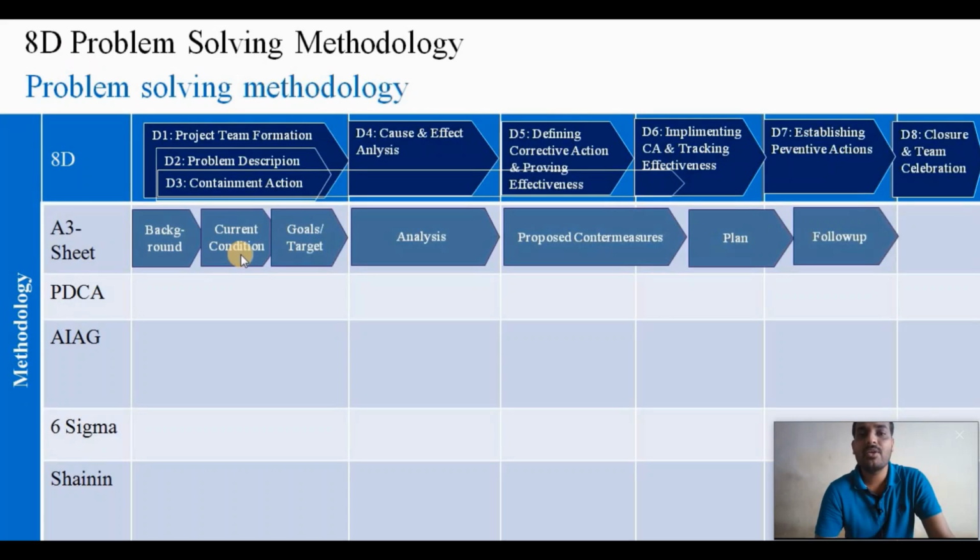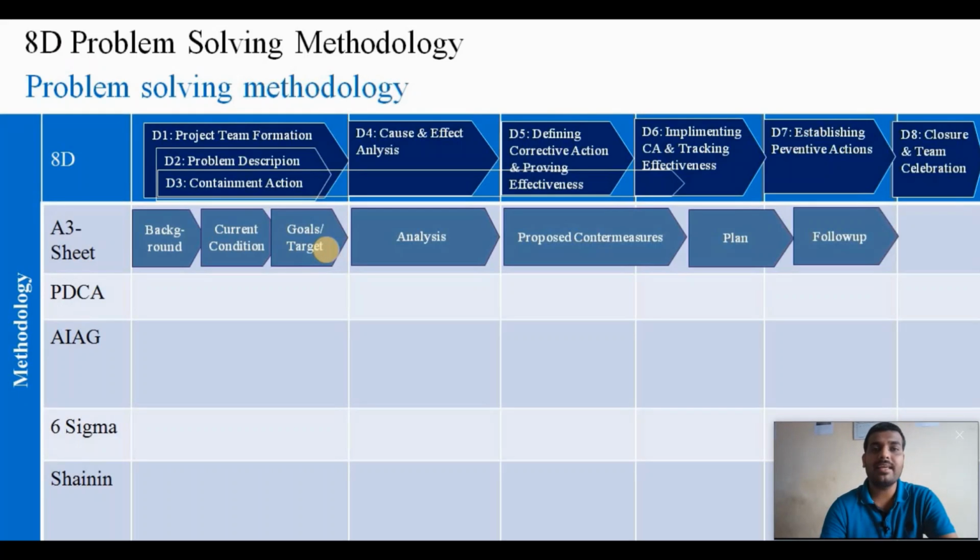Then in the third phase you have to set the goals or target, where you want to go, from how much OEE to where you want to reach. Let's say from 80 to 85% you want to go. Another example, how much percentage scrap reduction you want to achieve. Like this you have to define your target state. Then analysis. Here you have to do the cause and effect analysis and why-why analysis, or you can use any of the 7 quality control tools for the analysis.